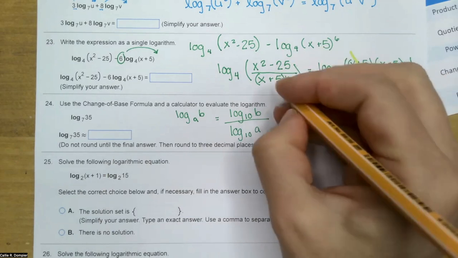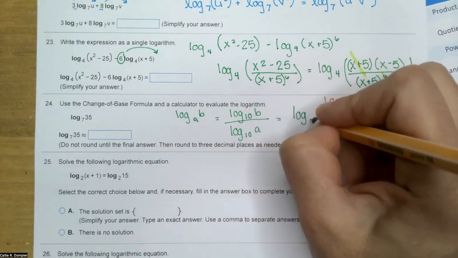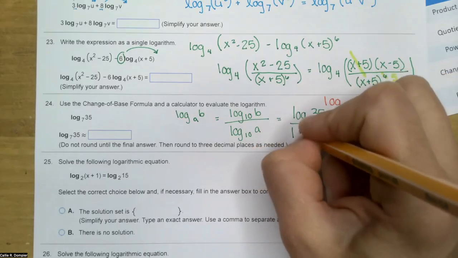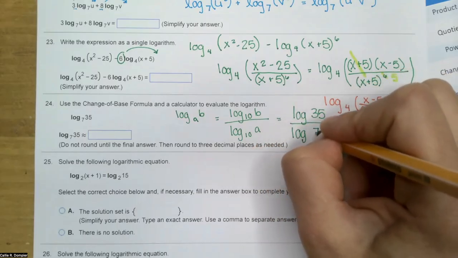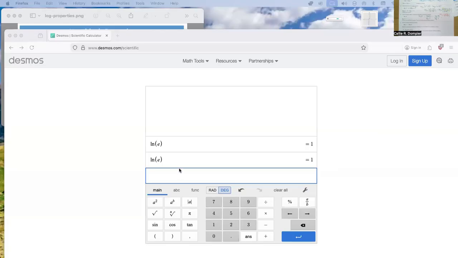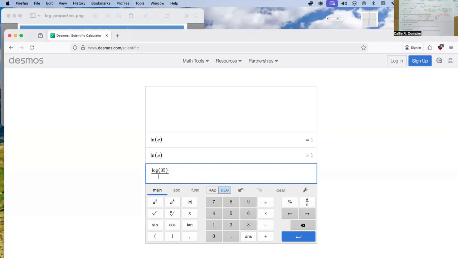So in this case, it would be log base 10 of 35 divided by log base 10 of 7. You just put that into your calculator. Log of 35 divided by log of 7.